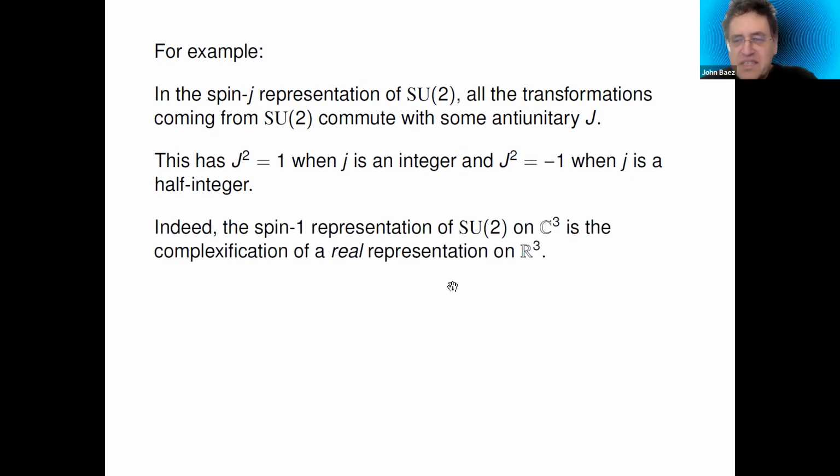So for people who are less expert on group representations than you, I point out that the spin 1 representation on C3 is really just coming from a real representation on R3. So it's really just the ordinary rotation group acting on R3, and SU2 is double covering it.